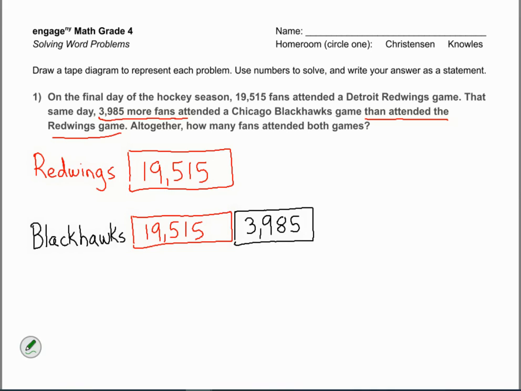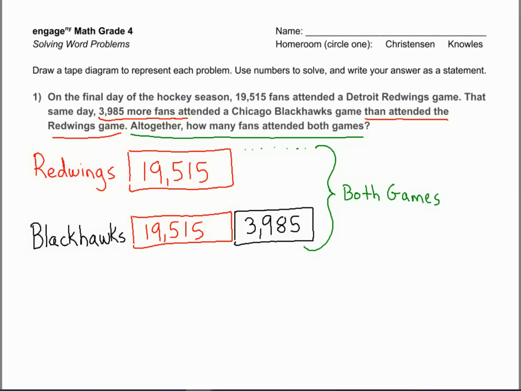And the question's asking us altogether how many fans attended both games. So we actually have to figure out what all of this is together for both games. We're trying to solve that. So it looks like an addition problem.